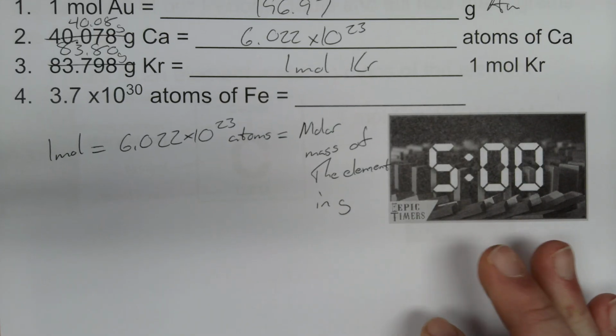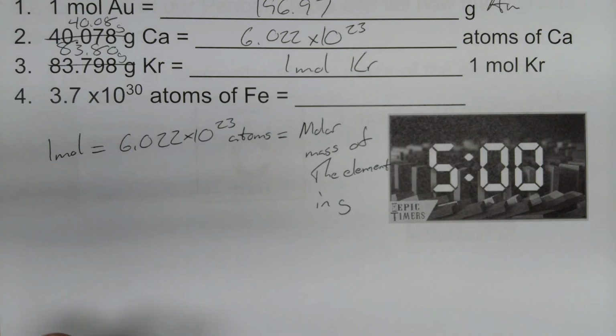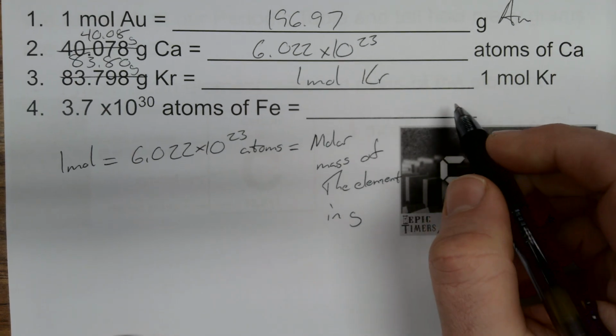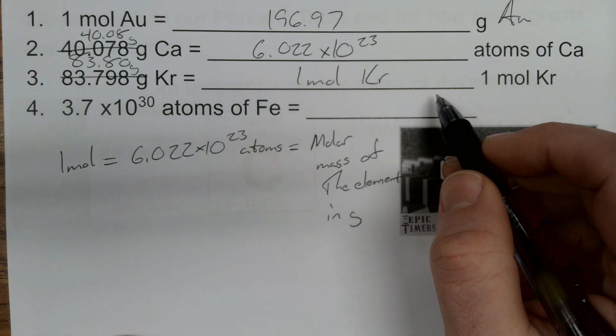Number 4 was going to require you to do a little bit of math. Now, as you may have figured out, Mr. Wiseman has a huge affinity to the metal iron because it's just so dang cool. It can get to an oxidation state or charge state of a +1 all the way to a +6. Sir? The third question, which is how many moles were in that amount of krypton? Right. It says 84.80 is the weight of krypton.